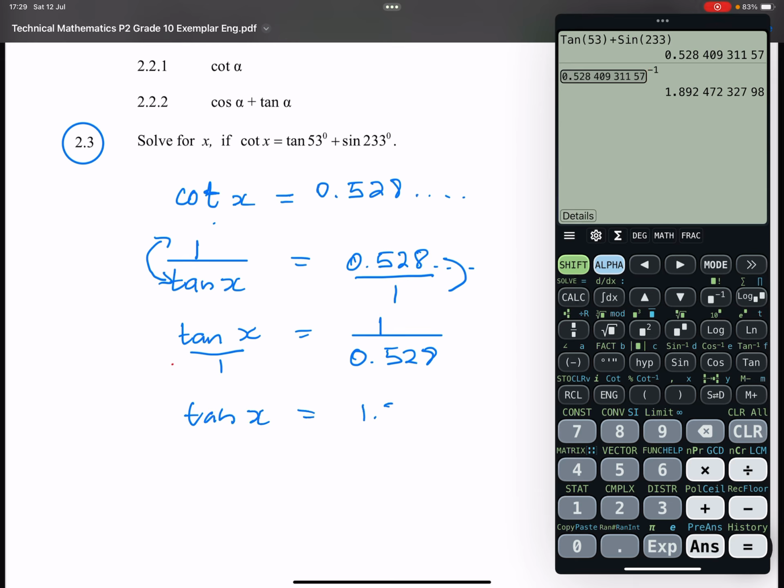So tan x would be 1.892. And note, ladies and gents, I'm not removing that answer from my calculator because I just want it to be as accurate as possible. Right, so x would be the arctan of 1.892 blah blah blah.